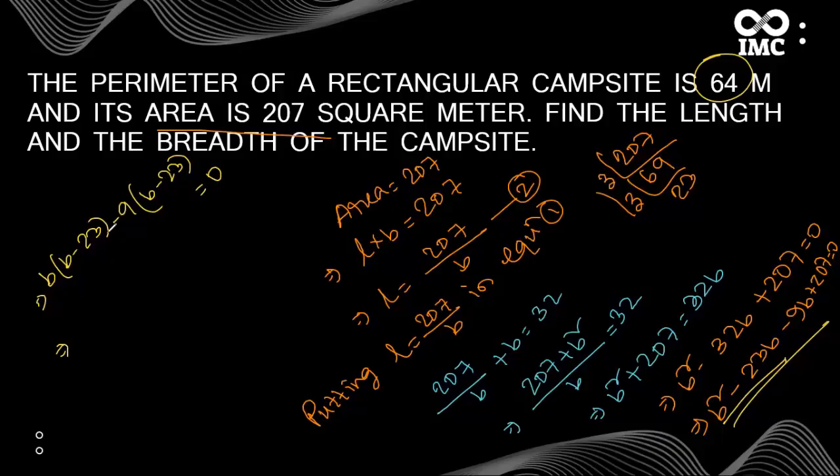Now, from these two terms, we can say (B minus 23) into (B minus 9) equal to 0. So here we will get either B equal to 23 or 9.